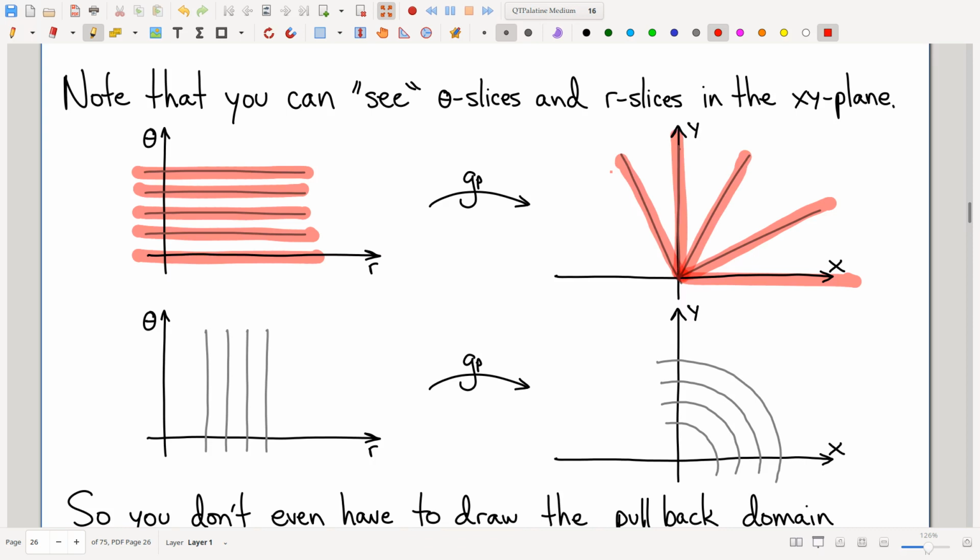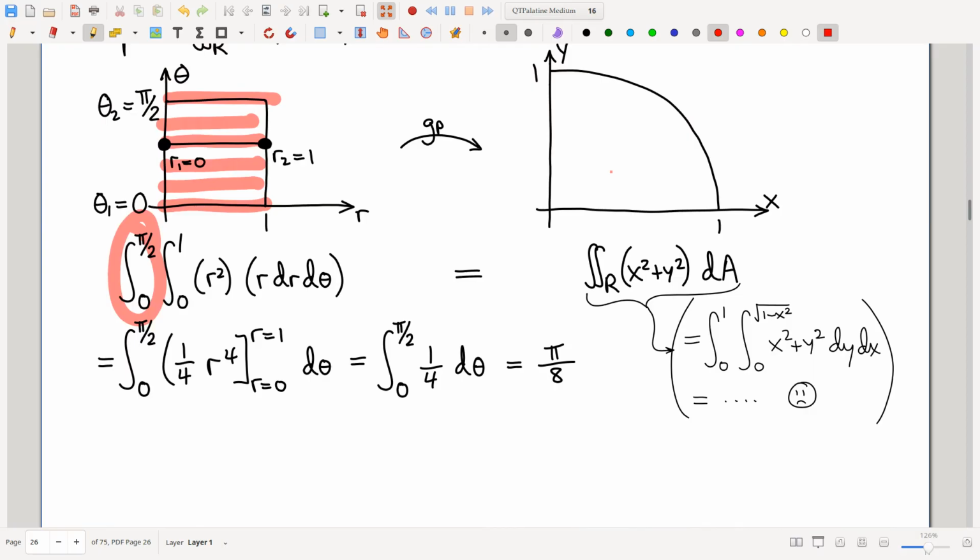So, said differently, as I am doing my slicing over here on the left, I could think of it as, here's my pullback domain, and here's how I'm slicing up the pullback domain. Or I could think of it as, here's what those slices look like in the XY world.